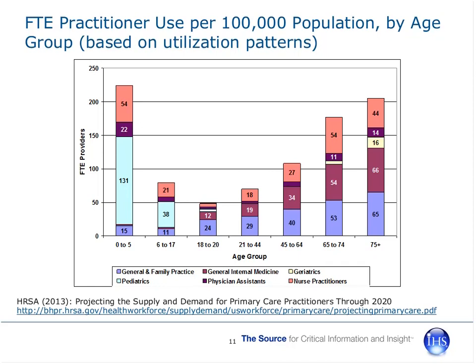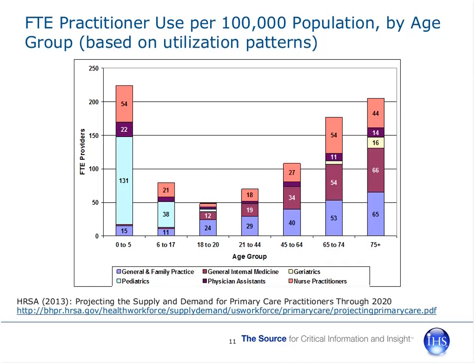This shows that if we extrapolate the current utilization patterns into the future, with a growing elderly population, the demand for primary care providers will grow substantially just because of the aging of the population, and much of that growth will be for general internal medicine and general family practice.